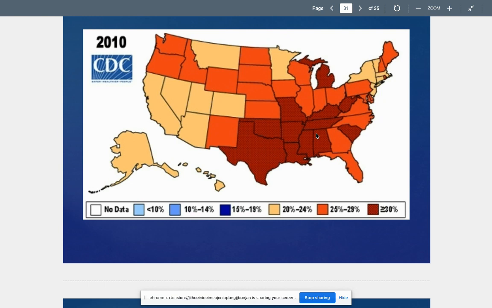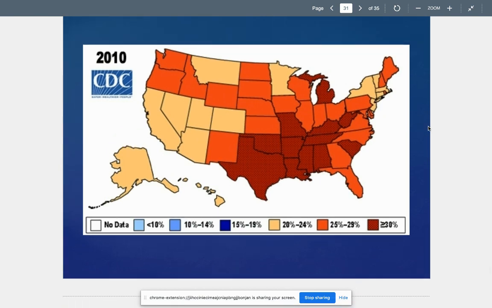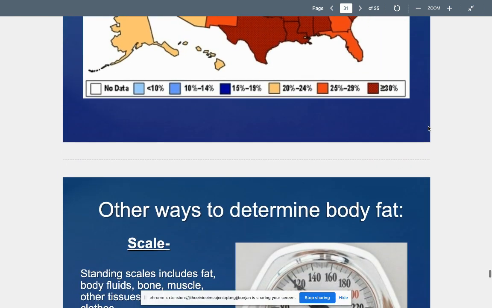Texas, Louisiana, Alabama, Tennessee, South Carolina, all of our surrounding areas. So that really, if you think about it, has a lot of determining factors in the rate that we're going. The West Coast is in a little bit better shape than the East Coast is. So we're kind of trending on the downward spiral there.